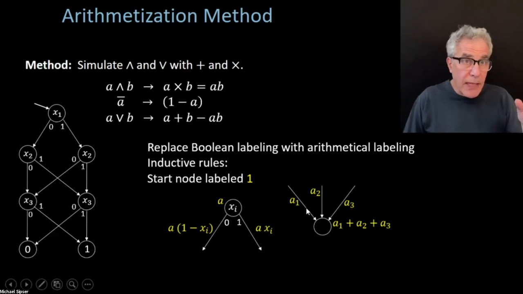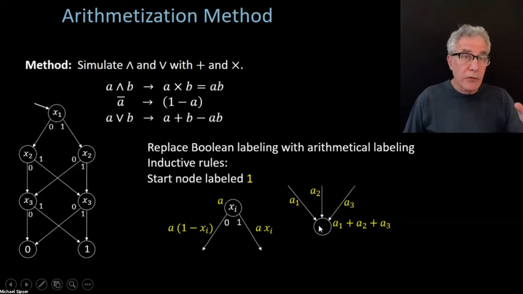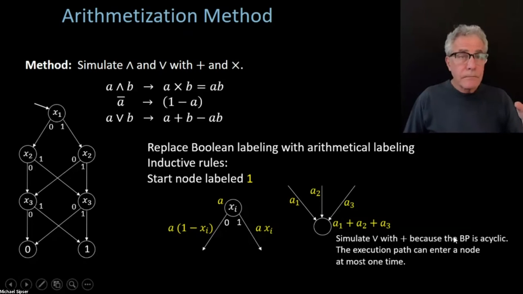You can never have the path coming down this way and then again coming down that way. Then it would be entering that node twice. It would have to be a cycle. So it's going to be good enough for us and necessary for us to represent this OR as a sum. Okay? So I think that's all I wanted to say on this slide.